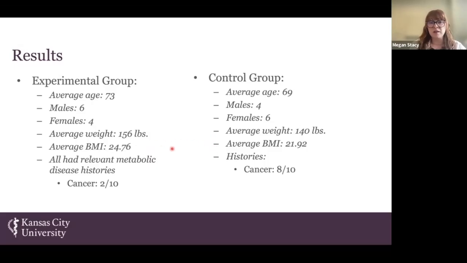Luckily these groups ended up being pretty similar as far as metrics go. Again, as I've said, the experimental group all had history of metabolic disease, and then 2 of the 10 additionally had history of cancer. And just the way the control groups worked out, 8 of those 10 donors had histories of cancer.